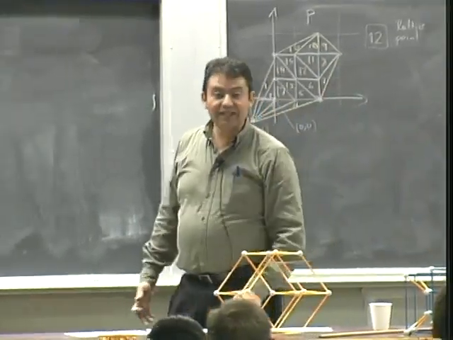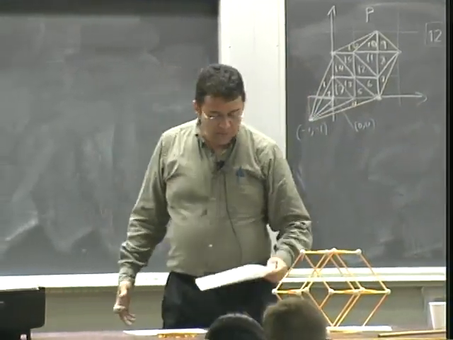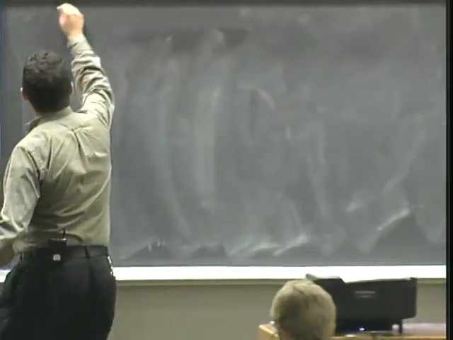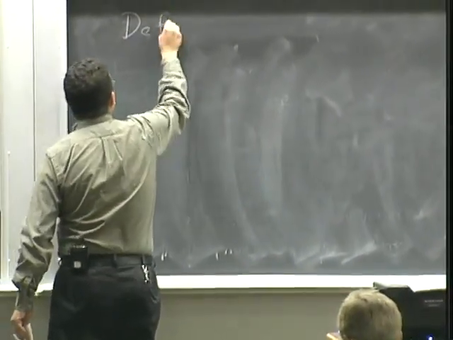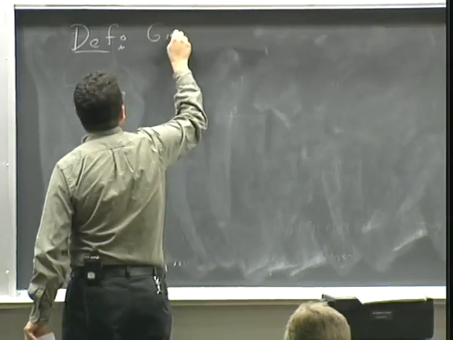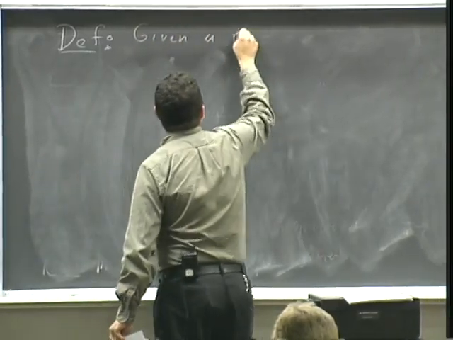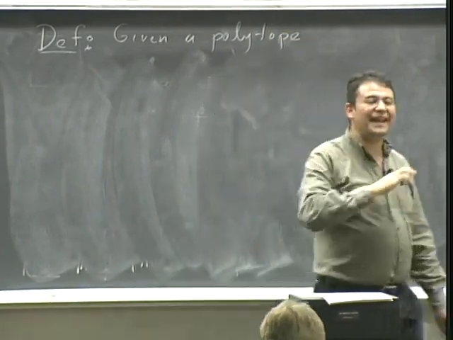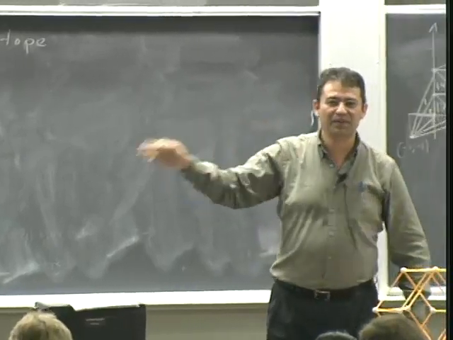To show you this deeper relationship, I'm going to define what I mean by a unimodular triangulation. So, definition. Given a polytope P, by the way, every time I say a polytope, I should just mean a lattice polytope. Lattice polytopes here.